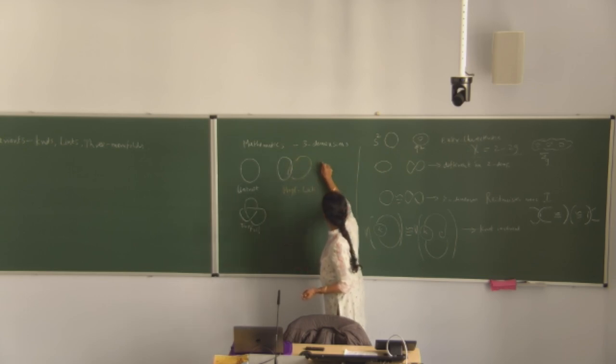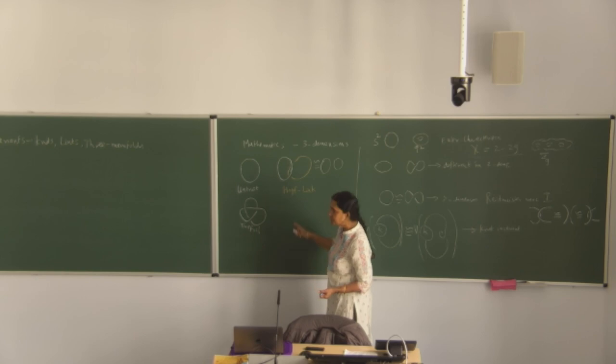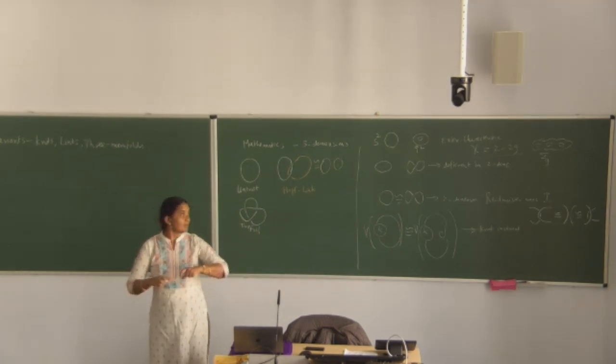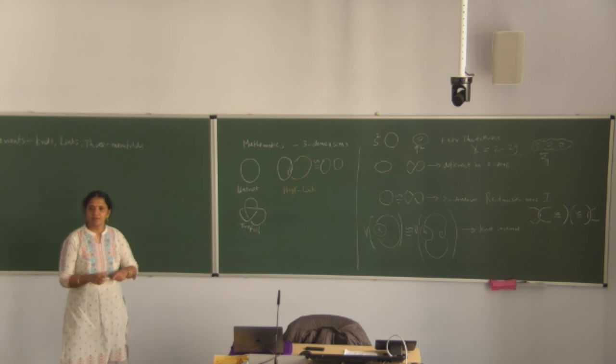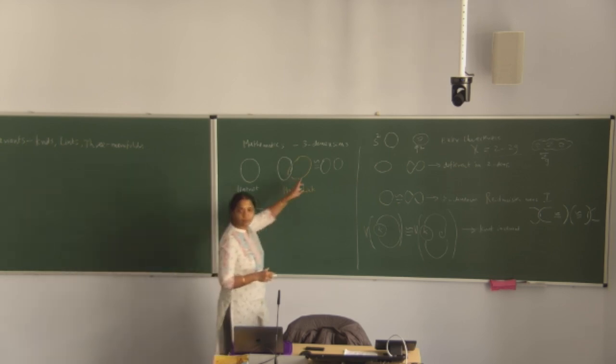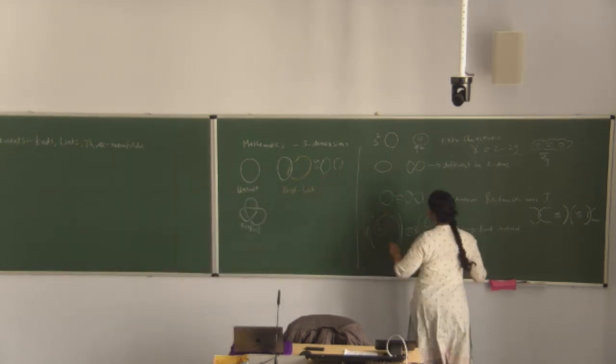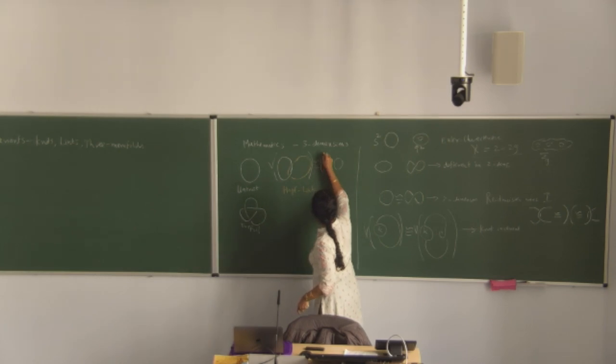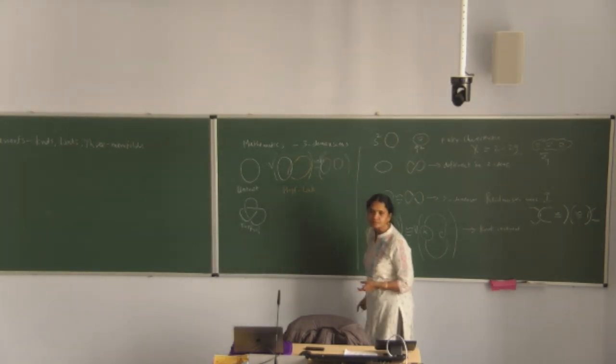This is same as unlink. So you have to see that if you can do the Reidemeister move 2, you can actually get the same invariant. So if you write the invariant for this, it should be same as the invariant for this quantity.